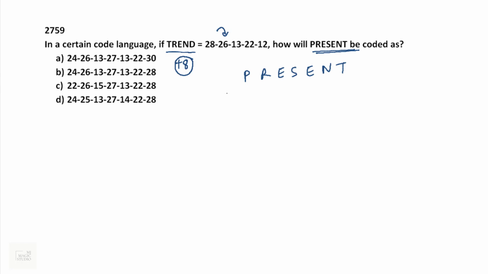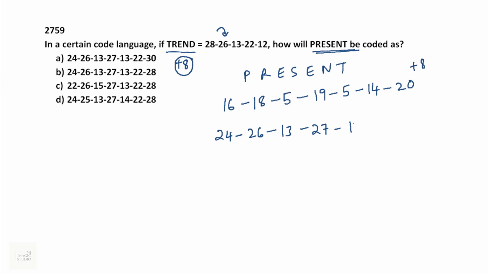The actual number count would be P is 16, R is 18, E is 5, S is 19, E is 5, N is 14, and T is 20. So if I add 8 to everything, I'll get 24, 26, 13, 27, 13, 22, and 28. And yes, that fits in option B.